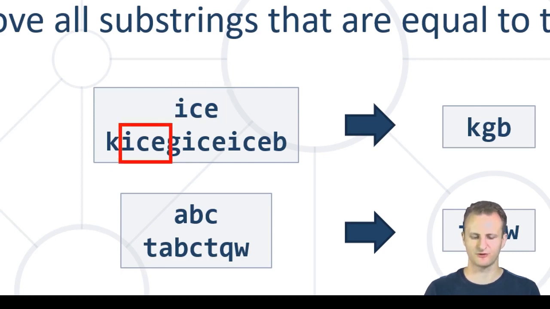So I search for the first occurrence of this ice, and I get the substring from where I am currently to the first position of this ice. So I get a substring from, let's say I'm at position 0 now, to the index of this thing. So index of this thing is 1, right? So I get a substring from 0 to 1, and that gives me the letter K.